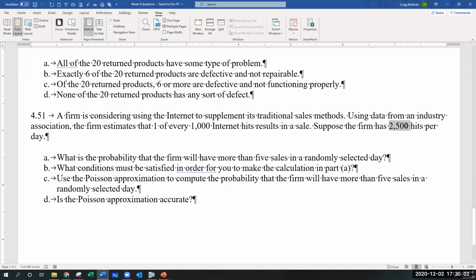Your probability of a success is 1 out of every 1,000. So as a decimal, that's 0.001 because that's 1/1000th. And you run that, right?